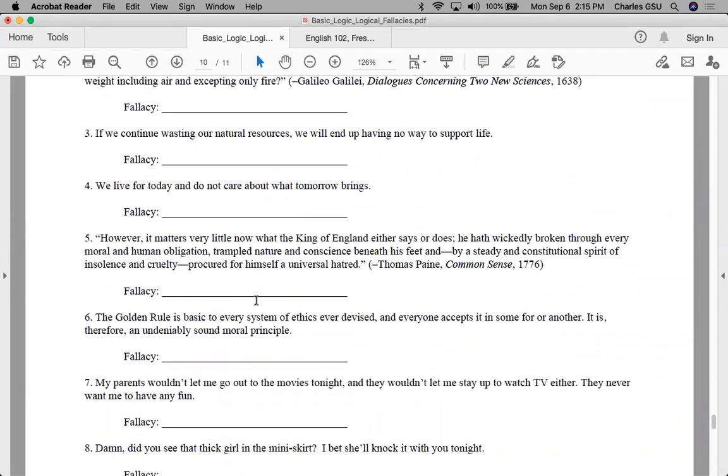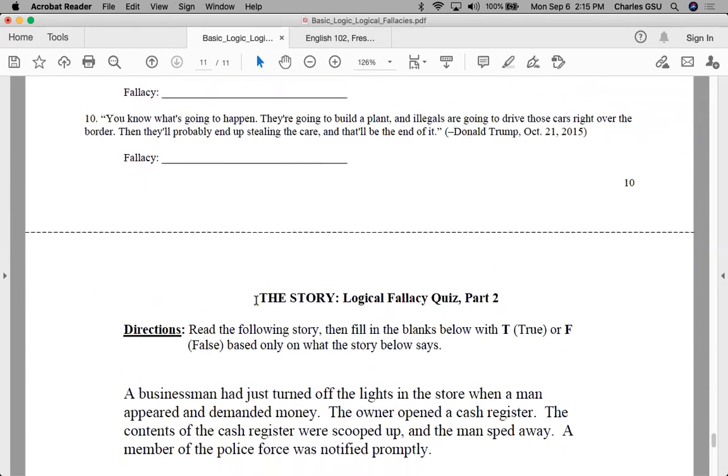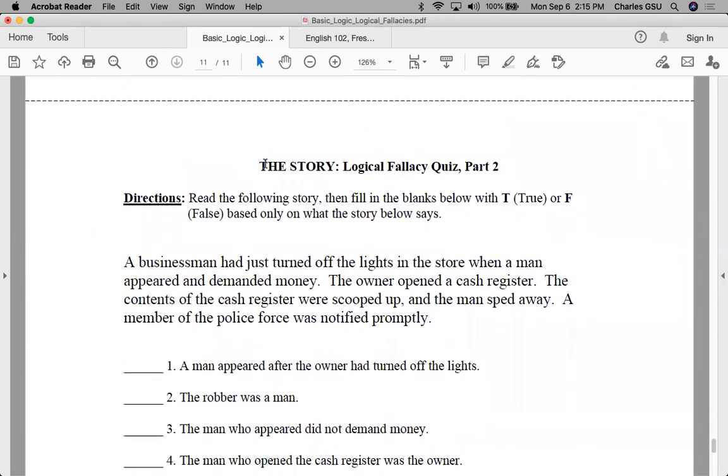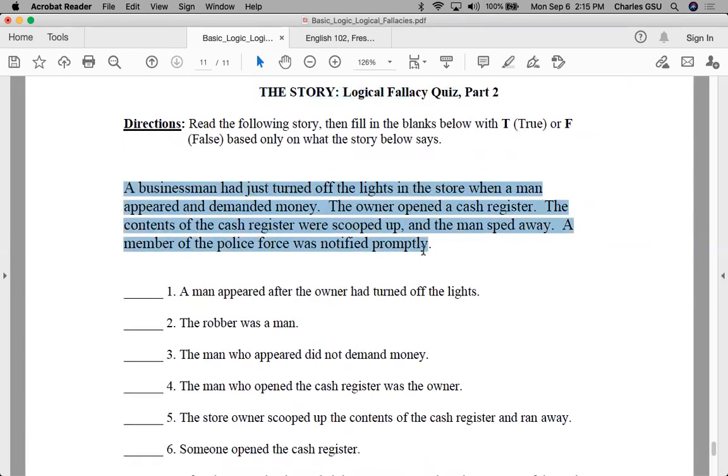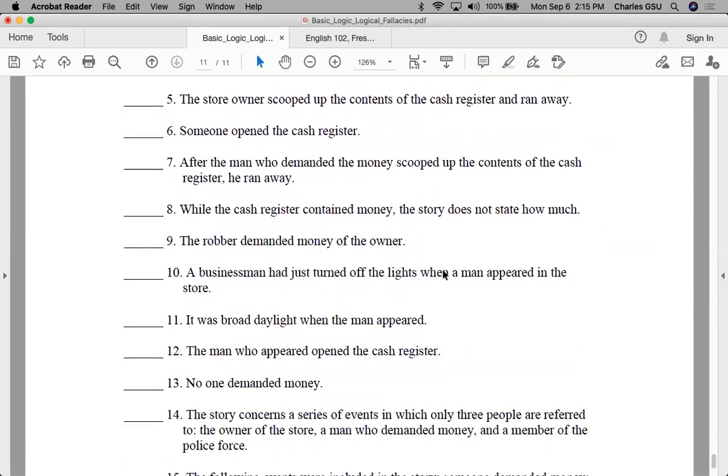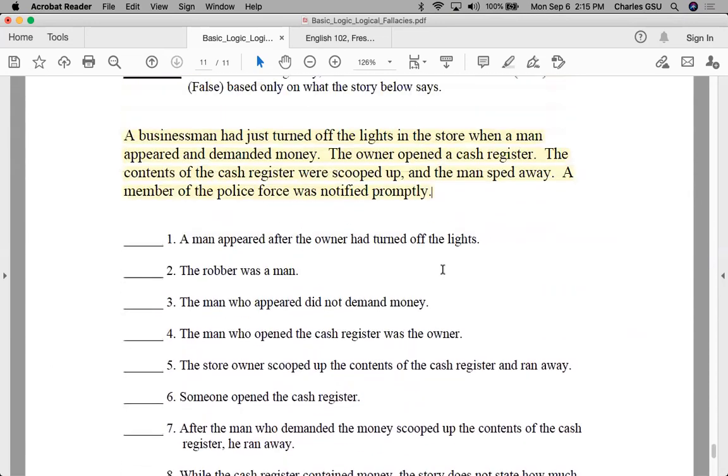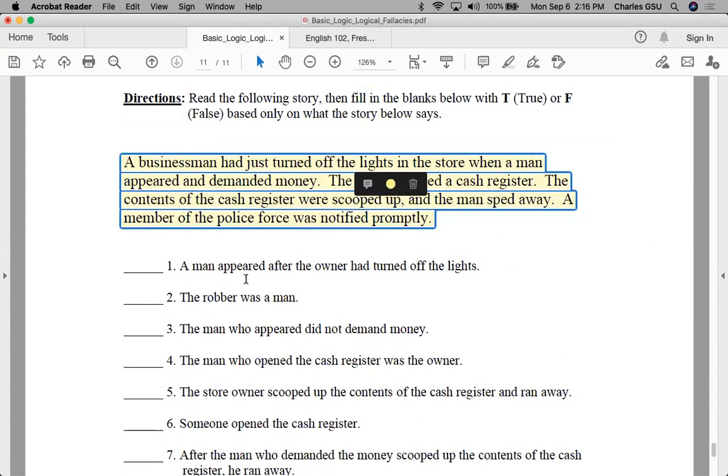Then the other portion of the quiz involves this story, which is part 2, if you will, of the quiz. And the story is simply this right here. And what you have to do is answer true or false to these statements based solely on this story.